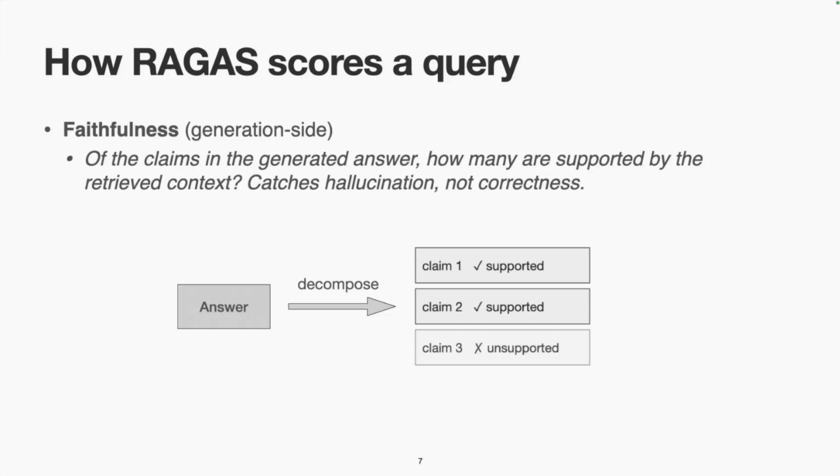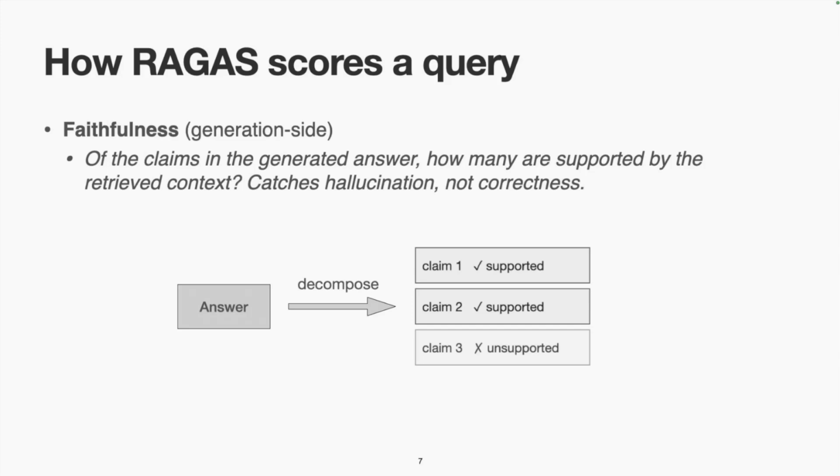If some claims are not supported by the retrieved chunks, it means the LLM hallucinated or ignored the information we provided. This is how the previous literature tested or evaluated RAG-based LLM systems.